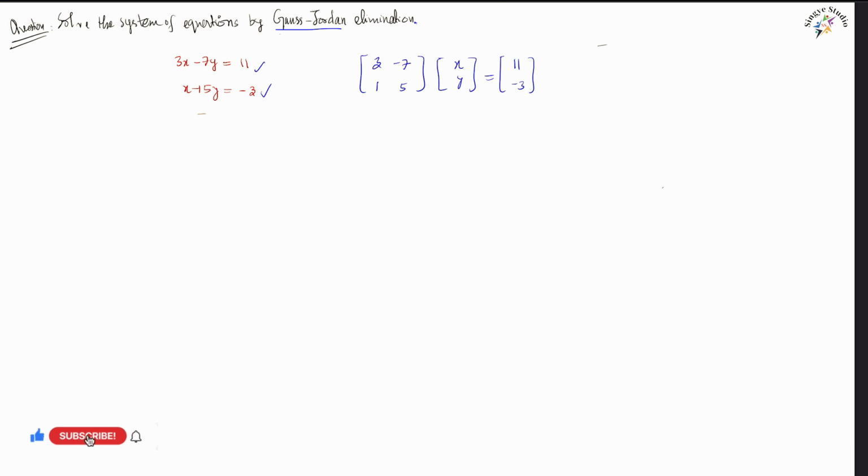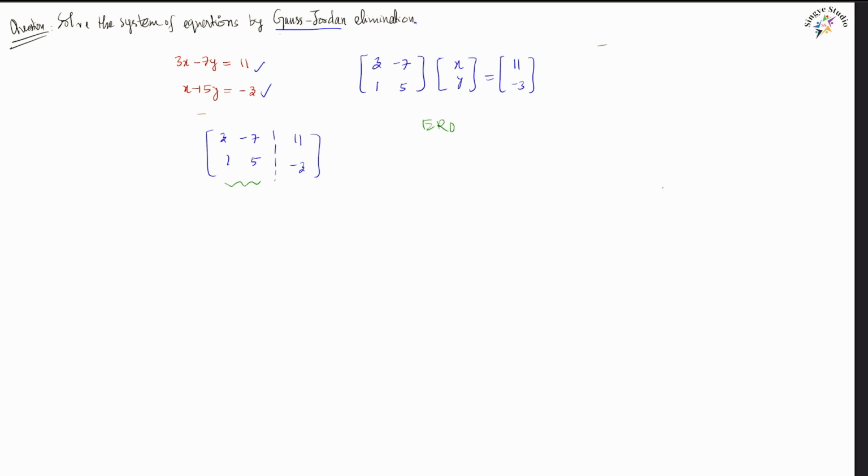Now, in Gauss-Jordan elimination, we have to express this in this form, like 3, -7, 1, 5, and this product 11, -3, okay?